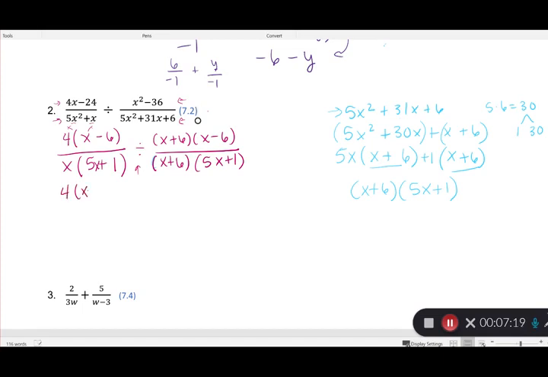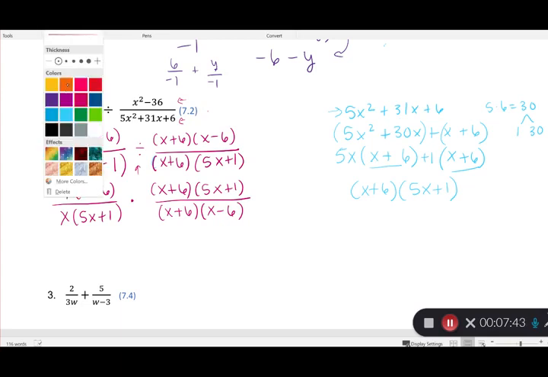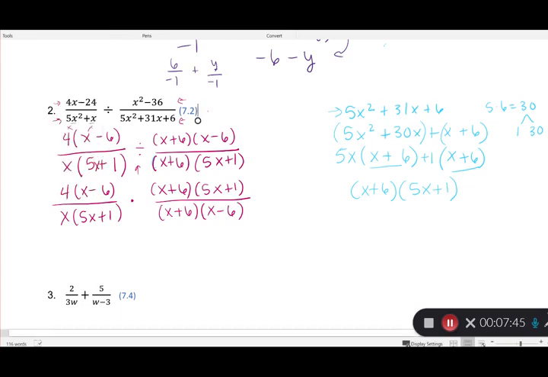So 4 times x minus 6 all over x times 5x plus 1 times x plus 6 times 5x plus 1. The denominator becomes numerator, and then numerator becomes the denominator. x plus 6 times x minus 6. Now what we want to do is look for things that are the same that we can try to cancel out, right? Because anything over itself equals 1. This is always true.